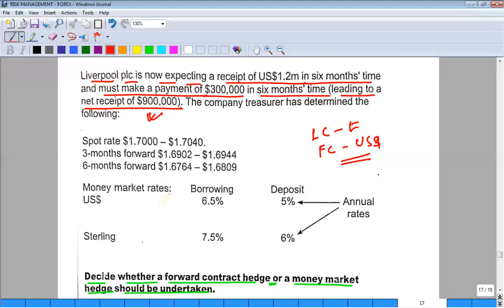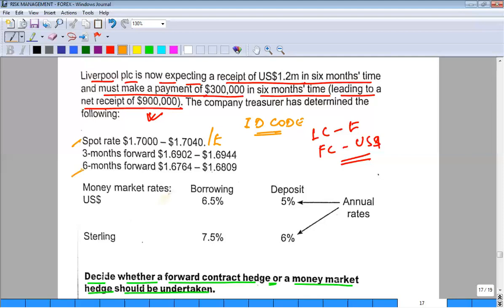The company treasurer has determined the following. Spot rate, once again, is based on sterling and it's an indirect quote.